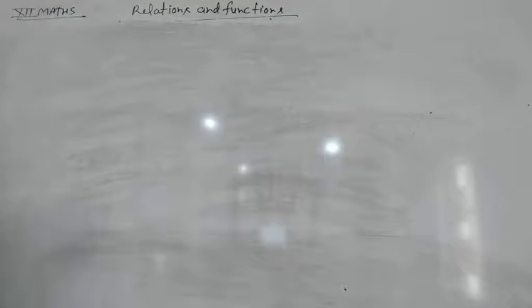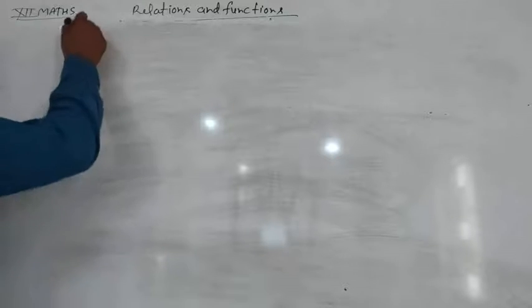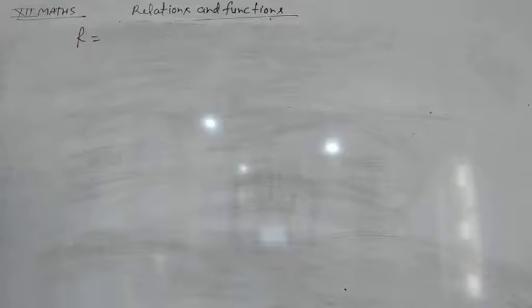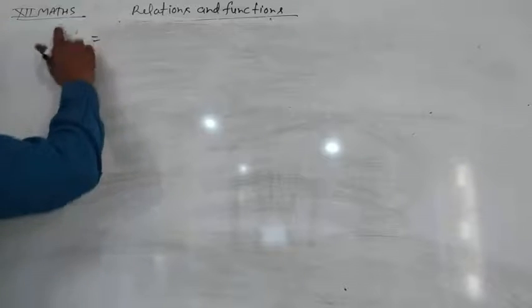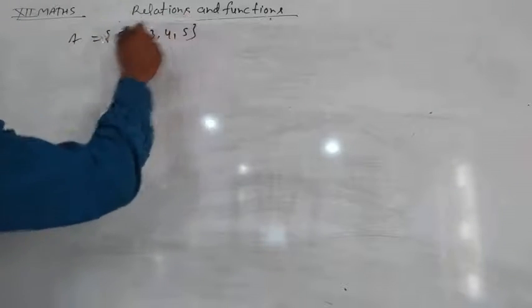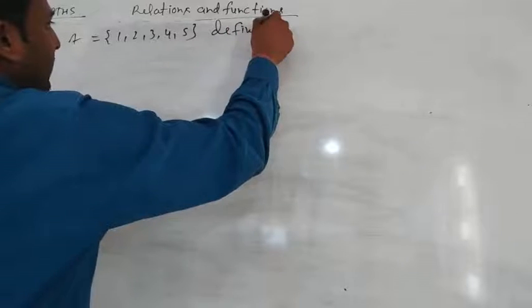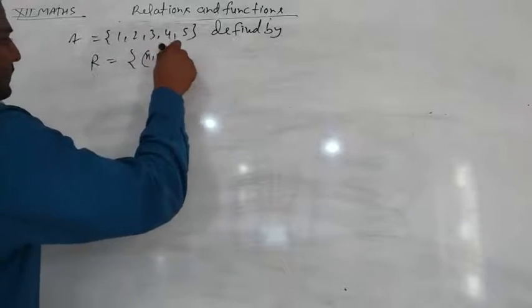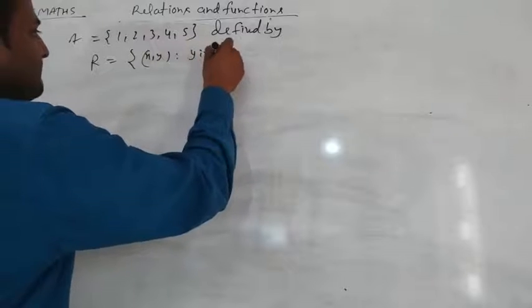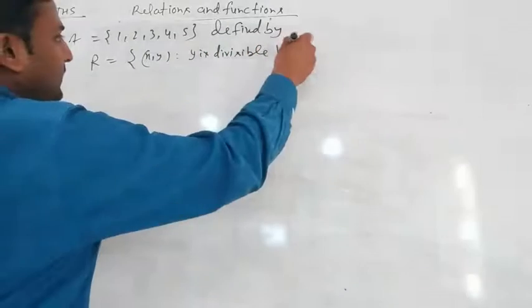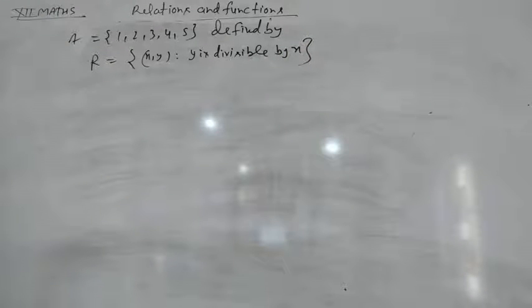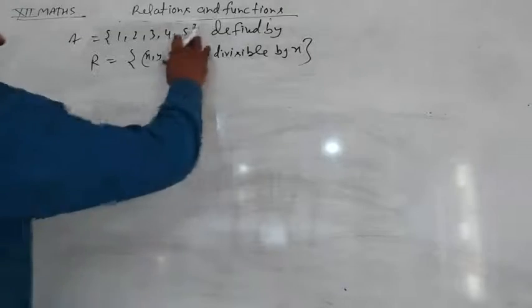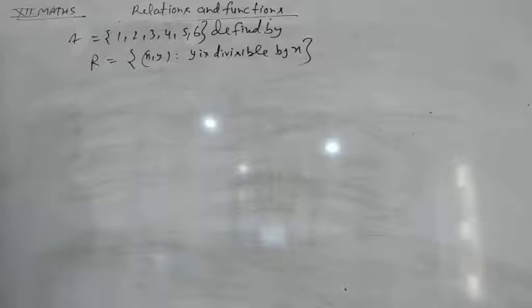Next question: a relation R on a set A, which is {1, 2, 3, 4, 5, 6}, is defined by R = {(x, y) such that y is divisible by x}.